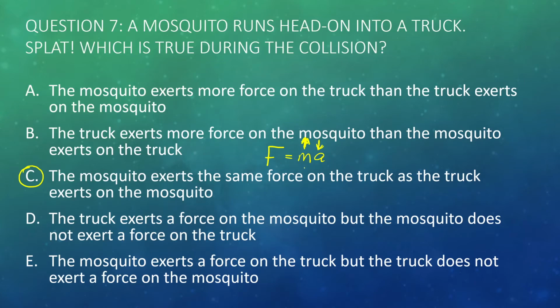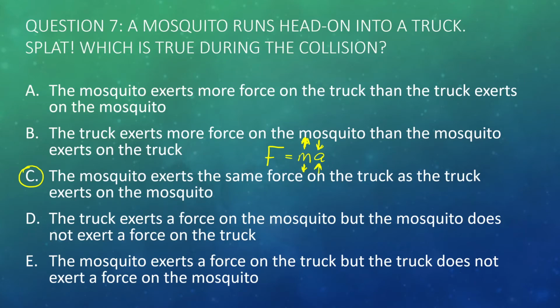On the other hand, the mosquito has a really low mass, a tiny mass. But it's just floating around having its day, trying to ruin people's day. And then it's suddenly hit by a truck moving 70 miles per hour. So it's going to be suddenly accelerated really quickly. So it's got a low mass and a high acceleration, but the truck has a high mass and a low acceleration. They are equal.